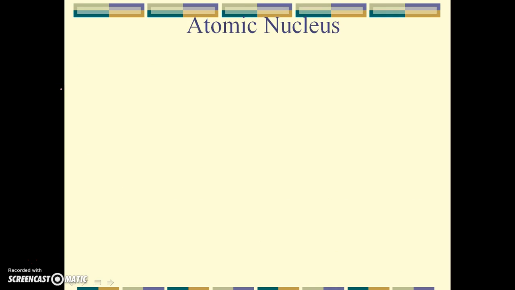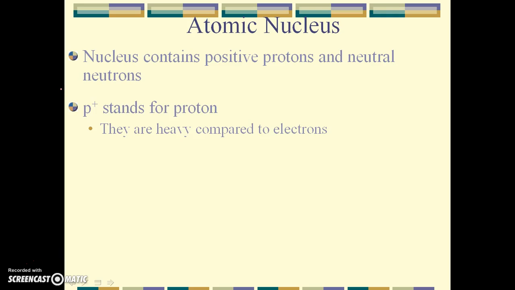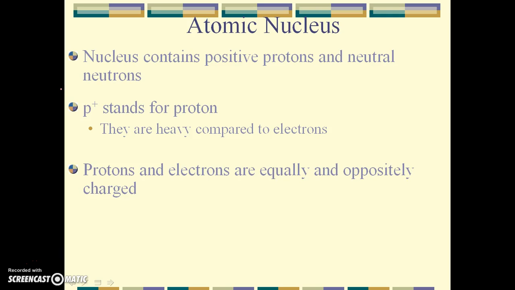Let's talk briefly more about the atomic nucleus. The nucleus contains positive protons and neutral neutrons. P with a superscript plus sign stands for proton. They are heavy compared to electrons. Protons and electrons, as you should know, are equally and oppositely charged, and as we know, unlike charges will be drawn to each other, they attract each other.